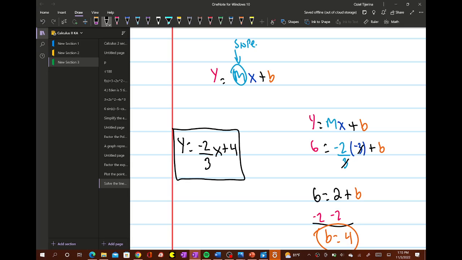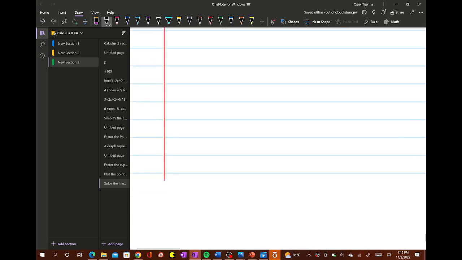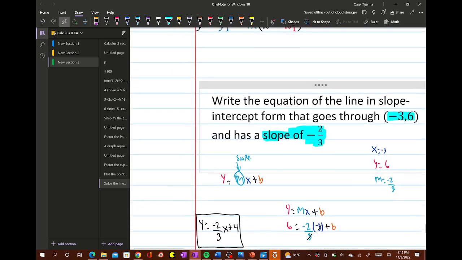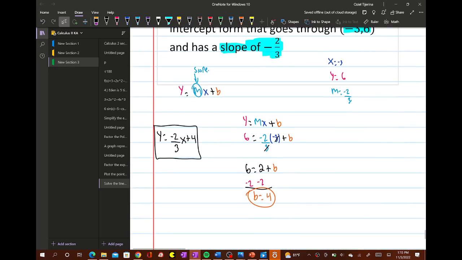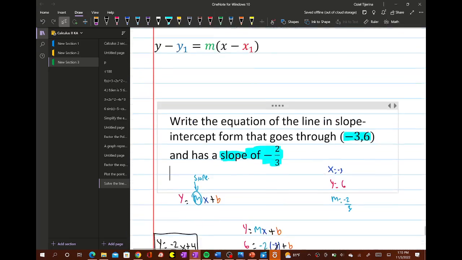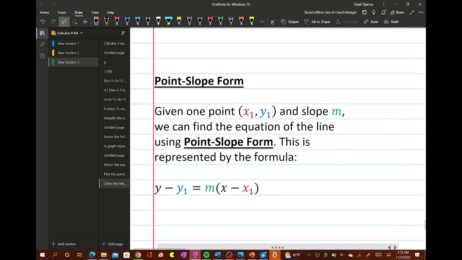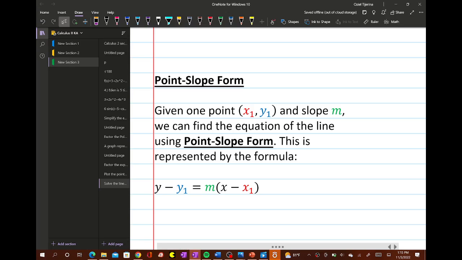There is another way to do this: you can use something called point slope form. This is a formula where, if you have a specific point and a slope m, you can find the equation of the line.